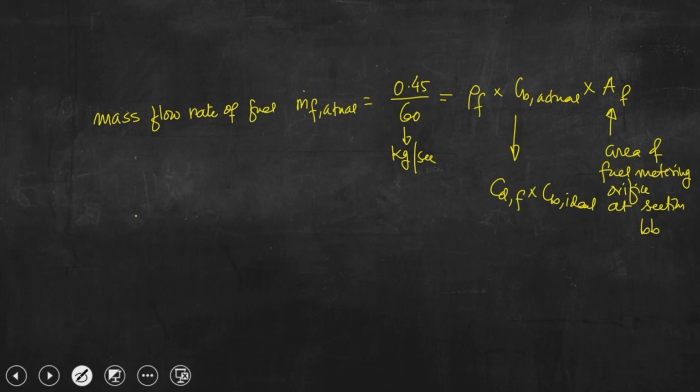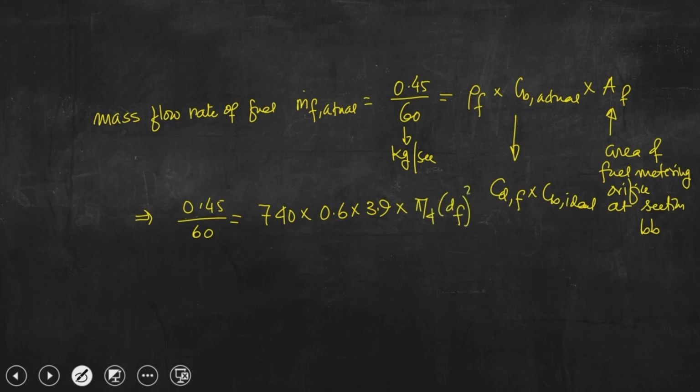So, from this expression let me write. 0.45 divided by 60 equals 740, I guess. So, this is rho f, given as 740 kg per meter cube, into 0.6 into 3.9 into pi by 4 into df square.